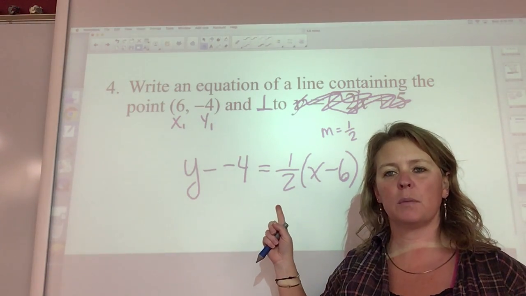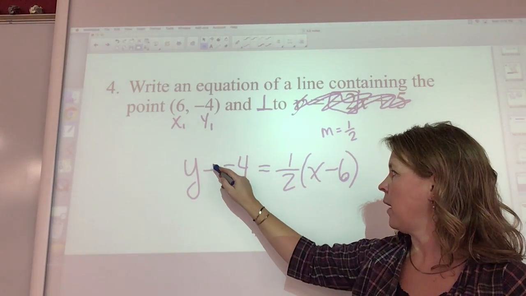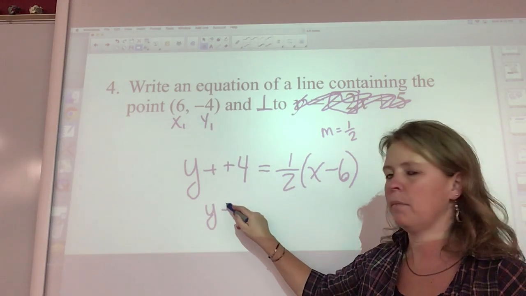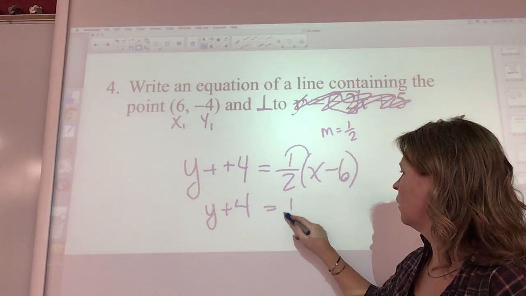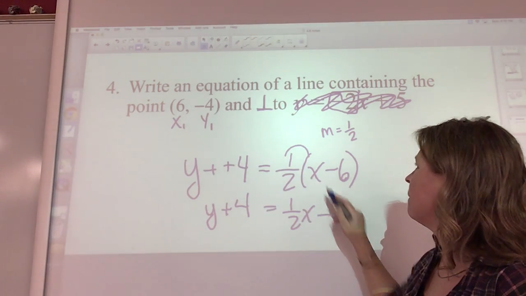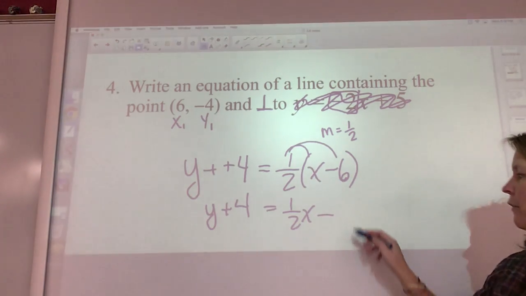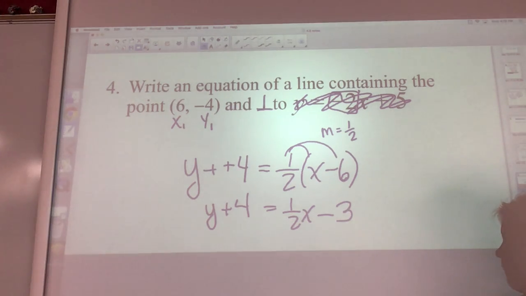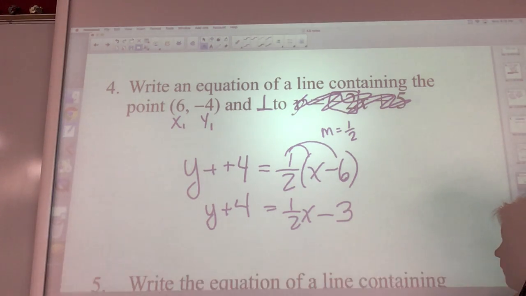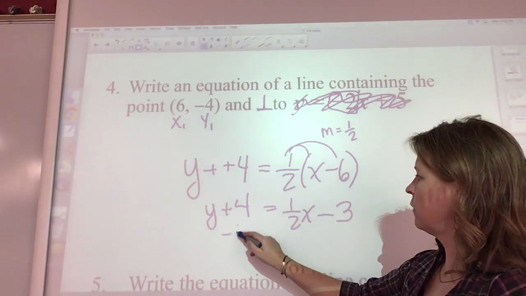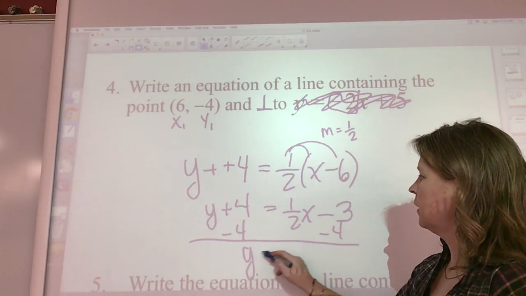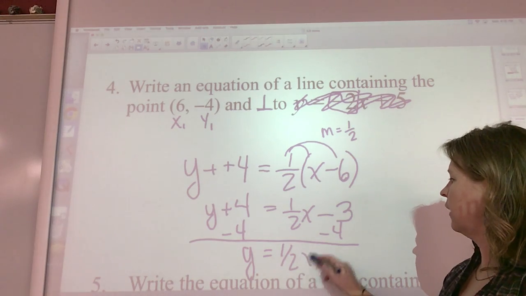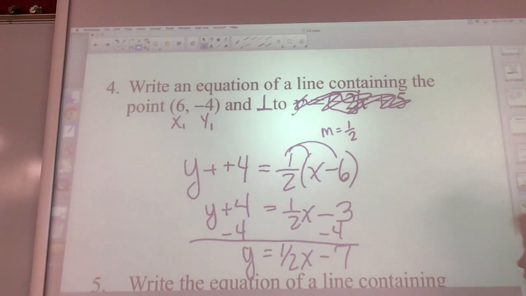Fractions are our friends. We got this. Minus a negative is a plus. Y plus 4 equals 1/2 x minus half of 6 is 3. Minus your 4 from both sides. And you get y equals 1/2 x minus 7.